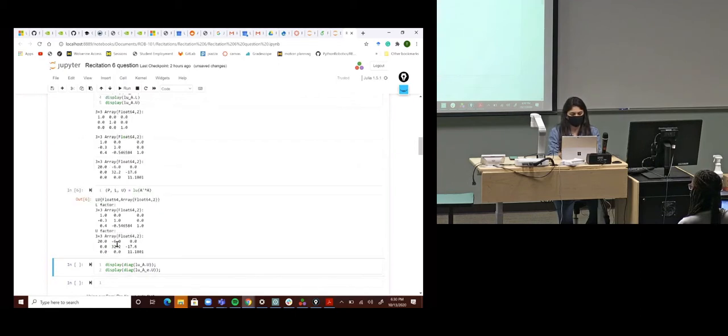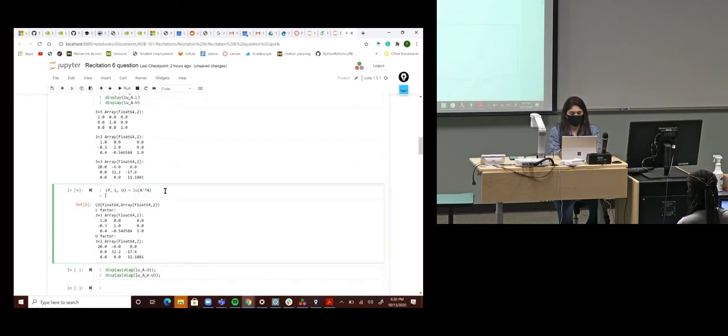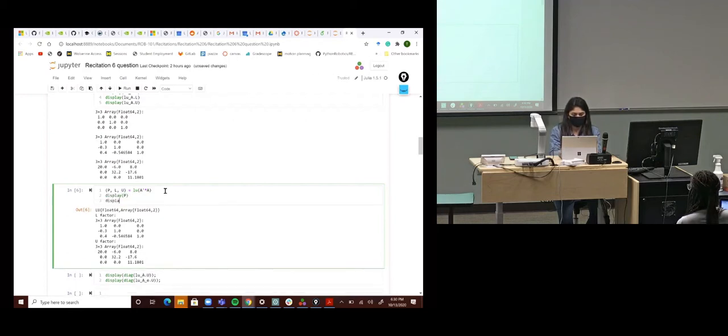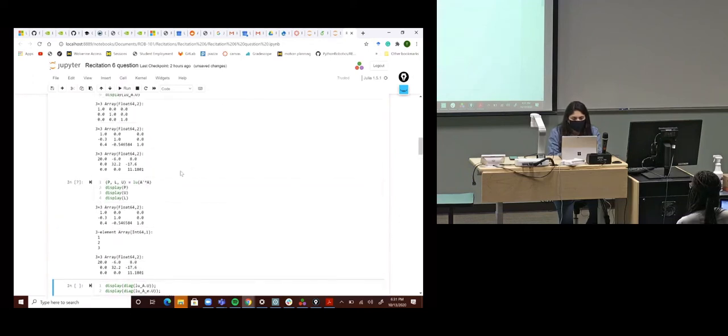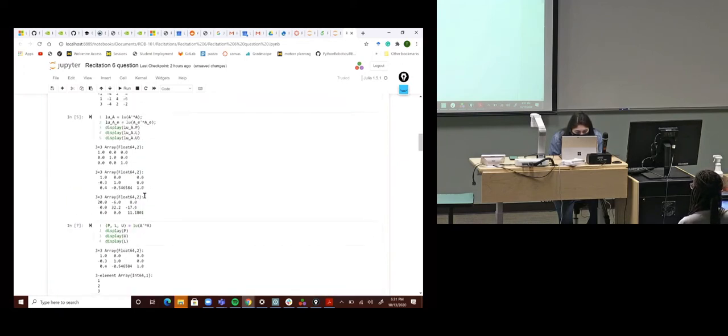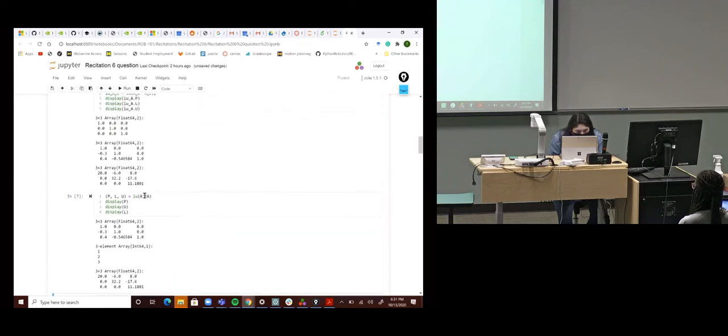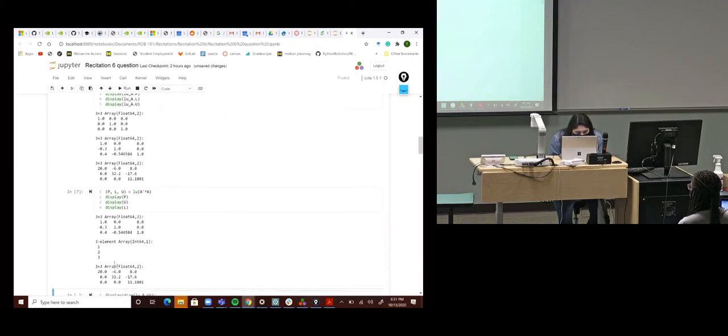So let's see. Now I can try to similarly display P, display U, display L. It should have given the same thing. L is correct.